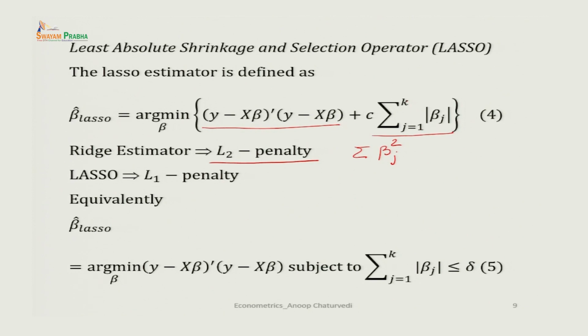Or equivalently, you can write lasso as beta hat lasso equal to argument minimum over beta of (y minus x beta) transpose (y minus x beta), subject to the restriction that summation j equal to 1 to k of mod beta j is less than or equal to delta. So, these two optimization problems are actually equivalent.